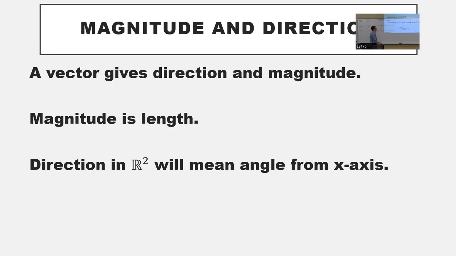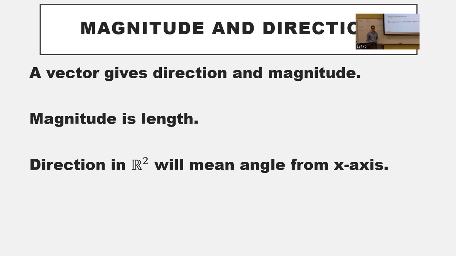Now, like I said, vectors give magnitude and direction. The magnitude is going to be the length of the vector, and the direction in R2 will be the angle from the x-axis.